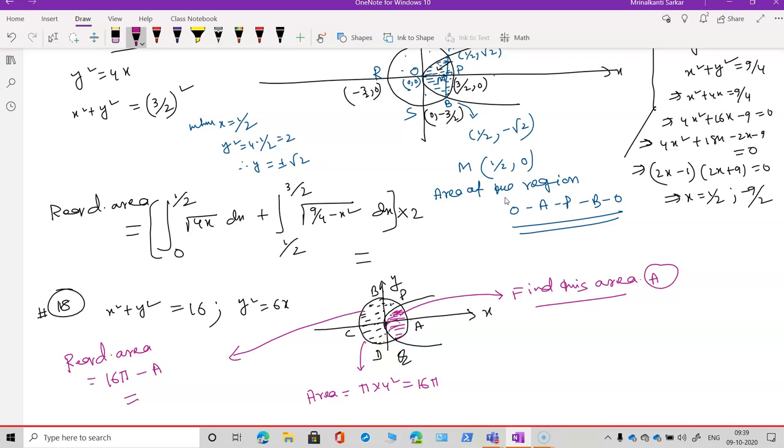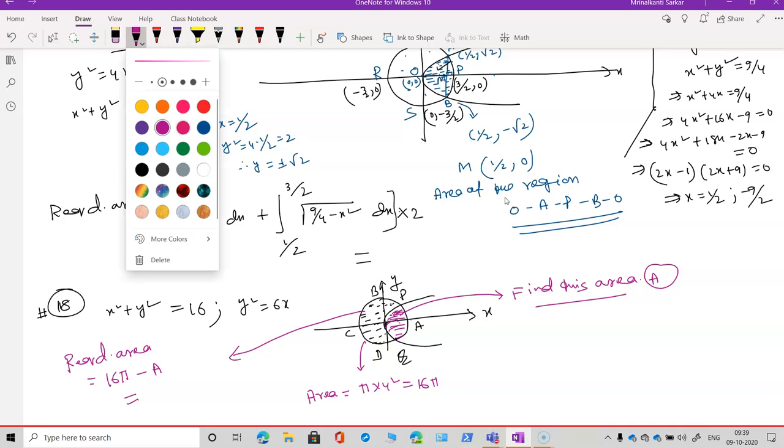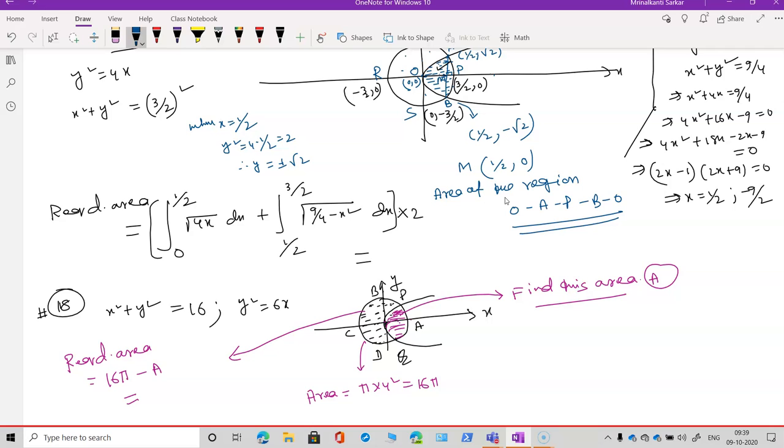By using integration, if you want to do, you can definitely do. But if you say that no, I'll stick to integration only, whatever you say, I'll not listen, I'll do by integration only, then what will you do? You need to get the point of intersection. You will write the required area by integration only, no formula.